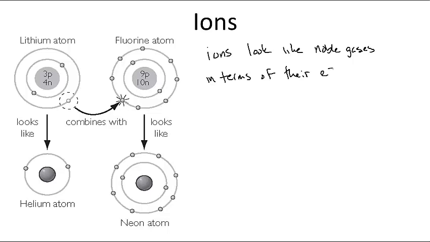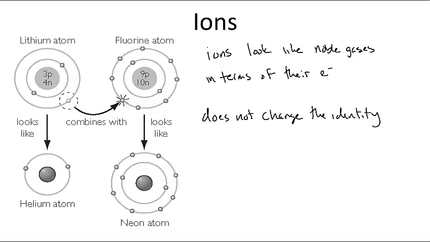So lithium loses an electron, so it has the same electrons as a helium atom. Fluorine gains an electron, so it has the same electrons as the neon atom. This does not change the identity.